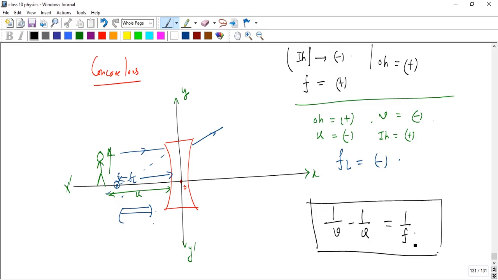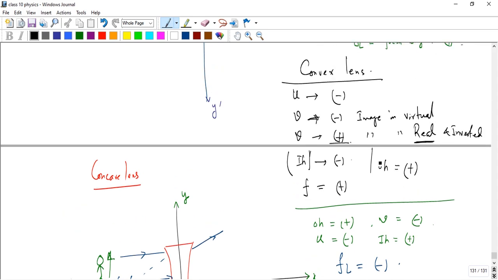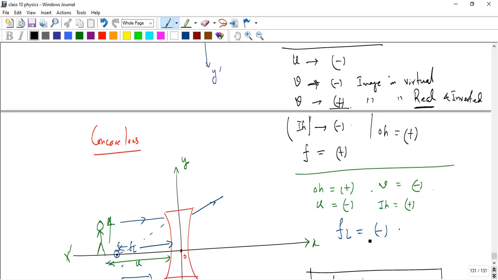Very important: the focal length of a convex lens is positive, and the focal length of a concave lens is negative. The object distance u, in front of the lens, is always negative in both cases.